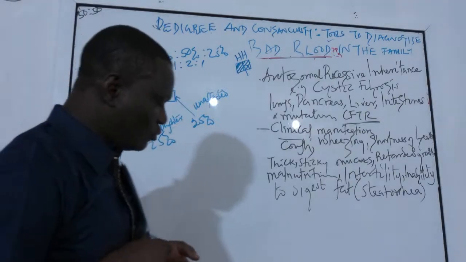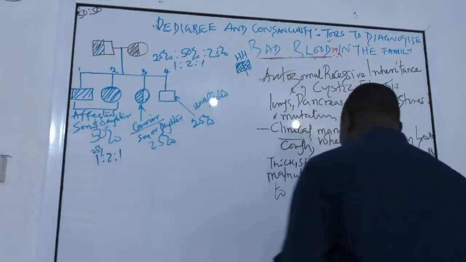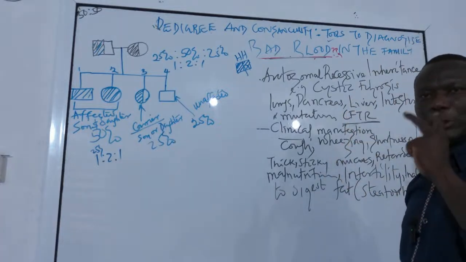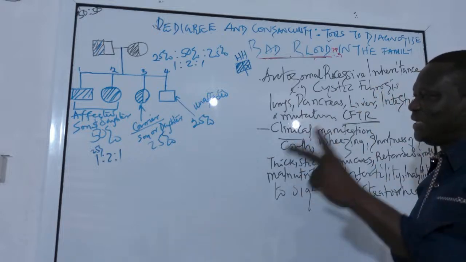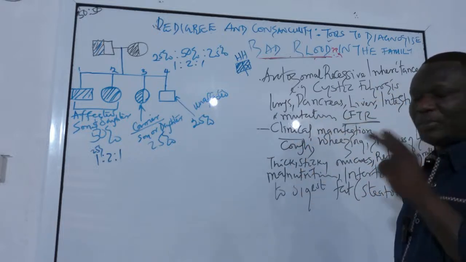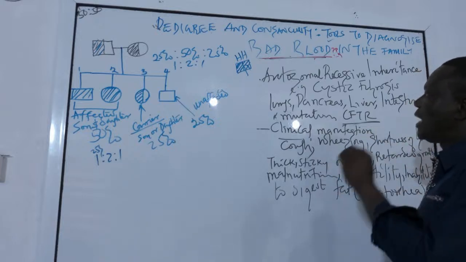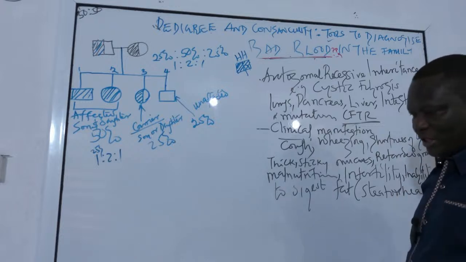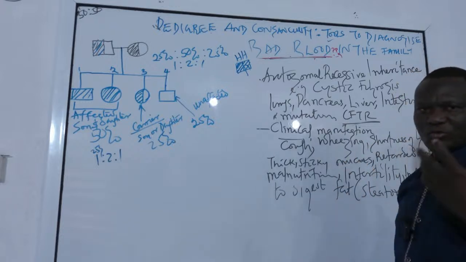It is autosomal dominant inheritance because that condition is present in a dominating pattern, and that's why one of the parents must be affected. It could be the mother, it could be the father.